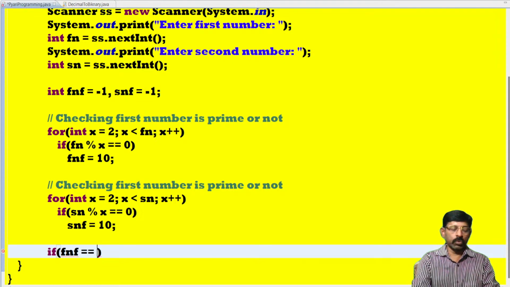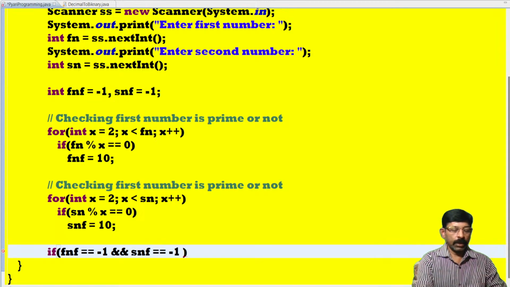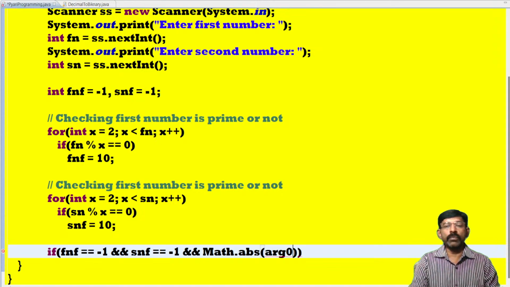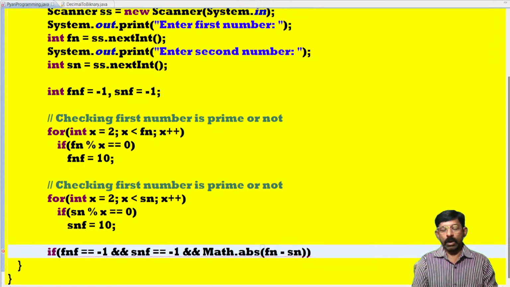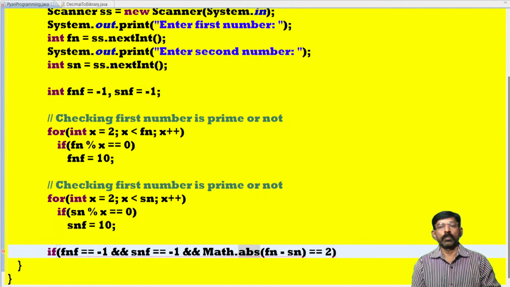Good, Ishan. So first we'll check if first flag is equals to -1 as well as second flag equals to -1 as well as and math.abs absolute value of the difference between the first number minus second number or second number minus first number, whatever you may take. I am taking absolute value is equals to 2.